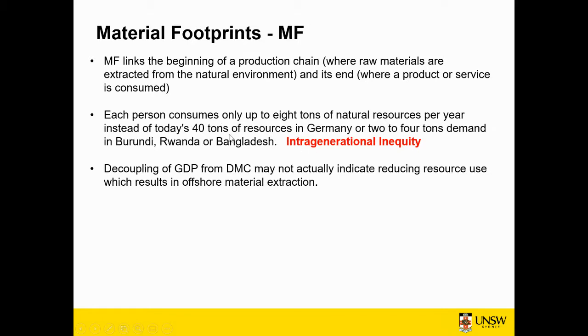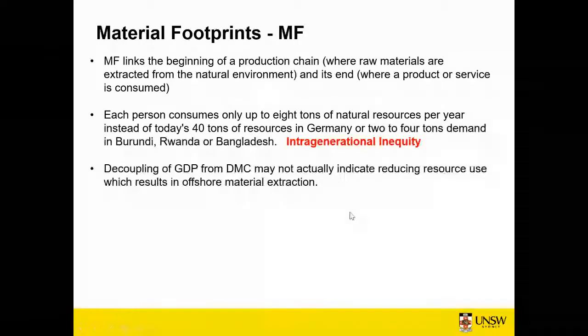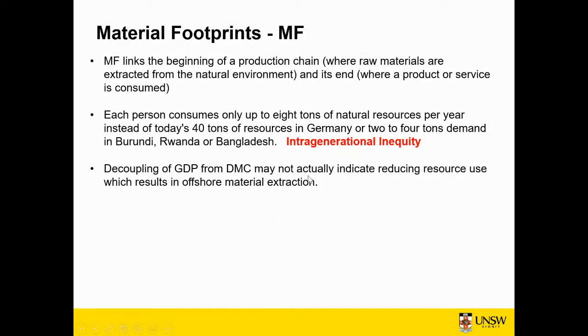In Germany, the average consumption is 40 tons. And in other countries such as Burundi, Rwanda, and Bangladesh, consumption is 2 to 4 tons. So here is an example of what we discussed in our introductory lecture about intragenerational inequality, which is like different societies or different groups of people having different or requiring different demands from the environment.